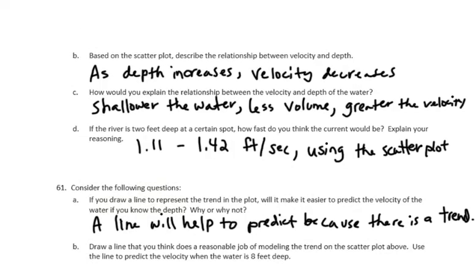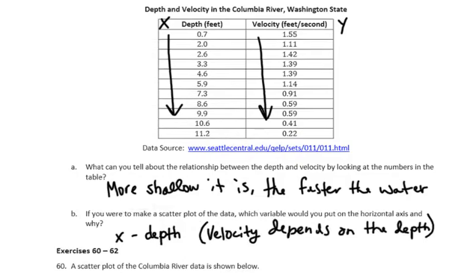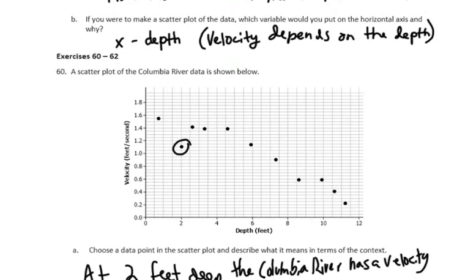So we're going to go back and we're going to pick a line. I'm going to use my line tool. So that's generally about where, kind of right in the middle, and we're looking at 8 feet deep.